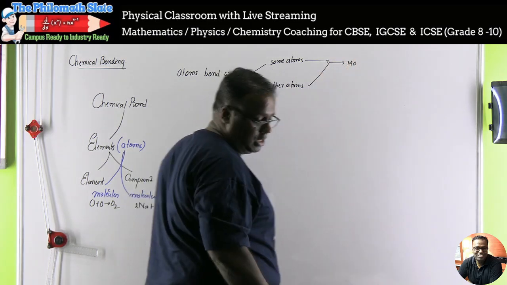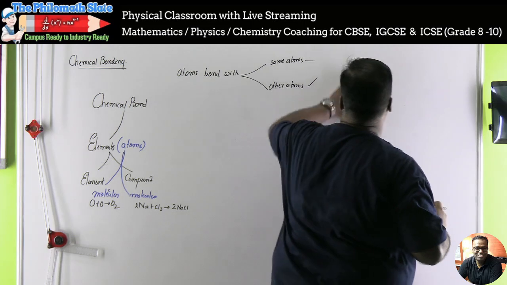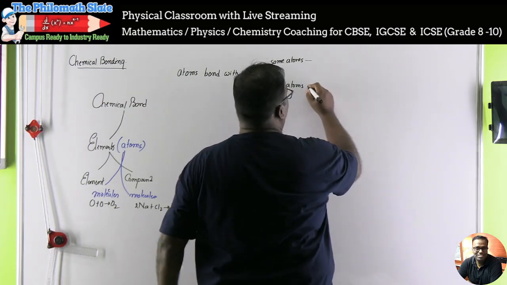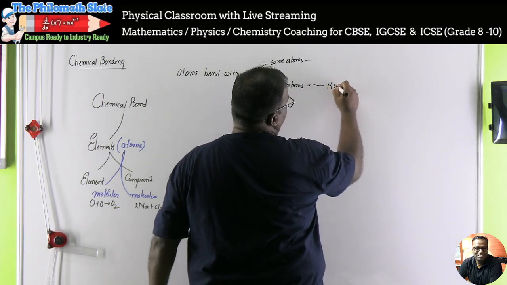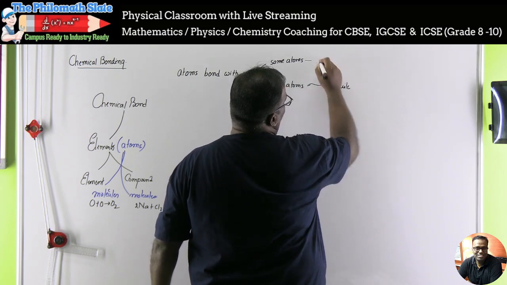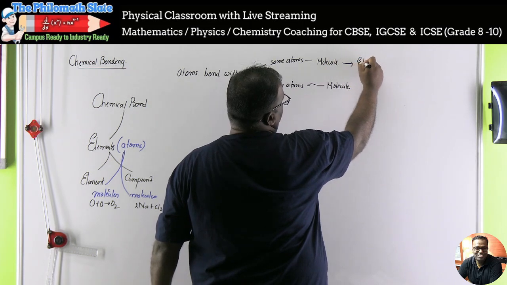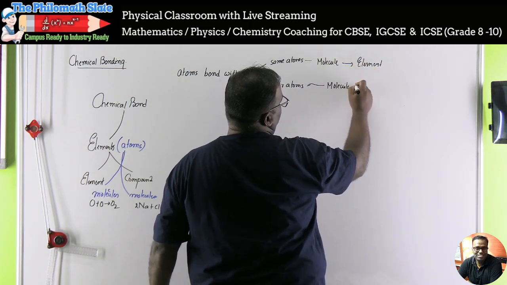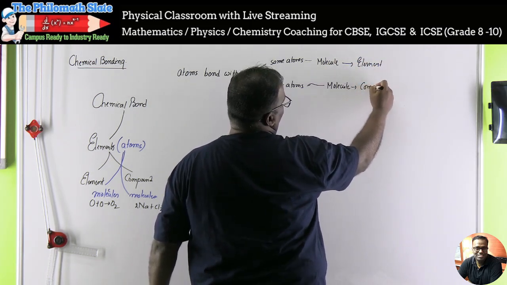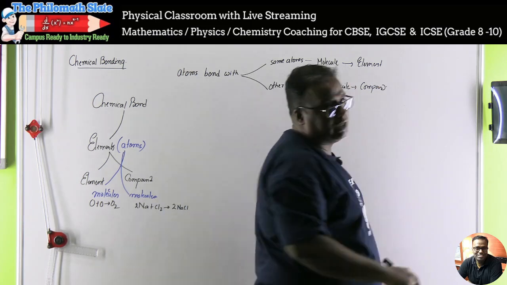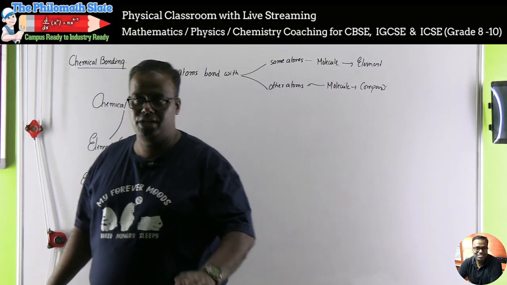I should write it this way so that your basic fundamentals are clear. The book has written it in very easy language. Here also you will get a molecule, here also you will get a molecule, but here the element structure remains. Here your structure will be that of a compound. Clear? Is this much clear?